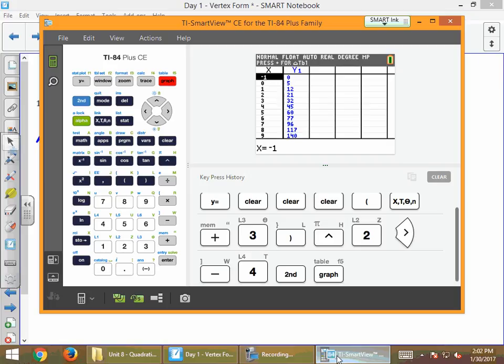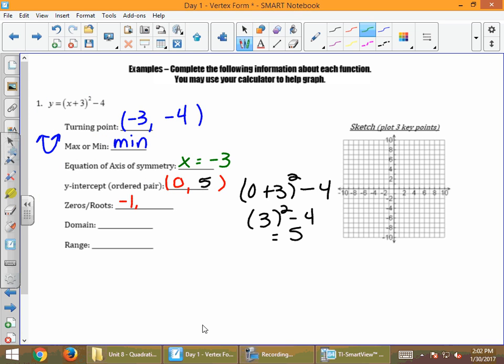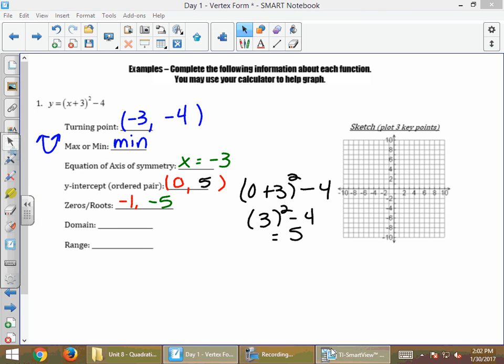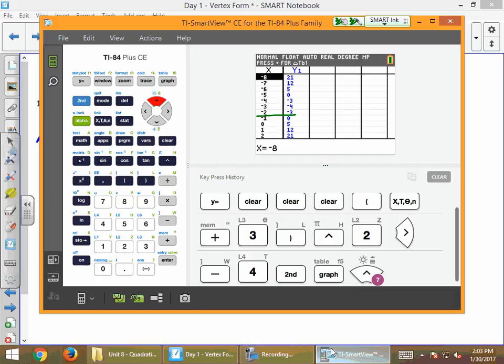No, when that happens, you might just need an arrow up or down. If you notice, our numbers are getting bigger, so I'm not going to arrow towards the positive. I'm going to arrow up towards the negative. Is there another x value paired with 0? -5. So that's another root. This guy paired with 0. That one's paired with 0.